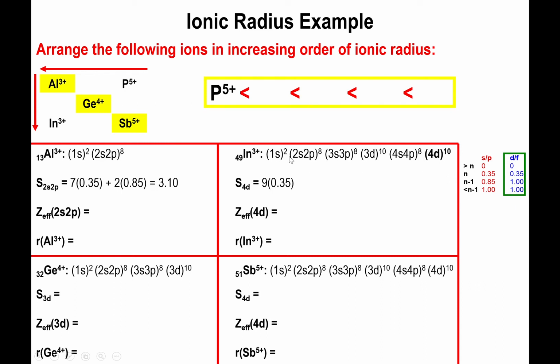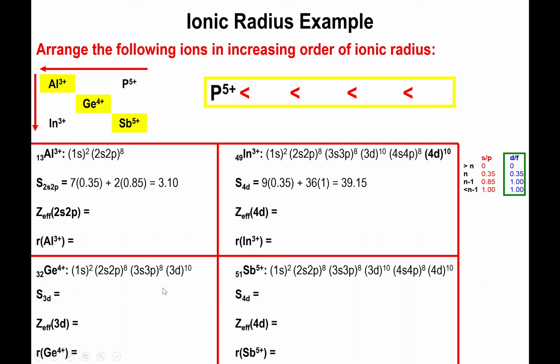So all you have to do is add the numbers. 2 plus 8 is 10. 10 plus 8 is 18. 18 plus 10 is 28. And 28 plus 8 is 36. So you simply add up all those values and multiply by 1, since that's what has to happen according to Slater's rules for the electrons in terms of the shielding constant calculation. So when you add all these values together, you'll get 39.15.